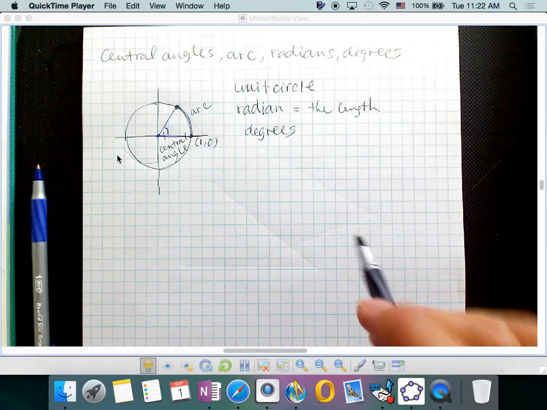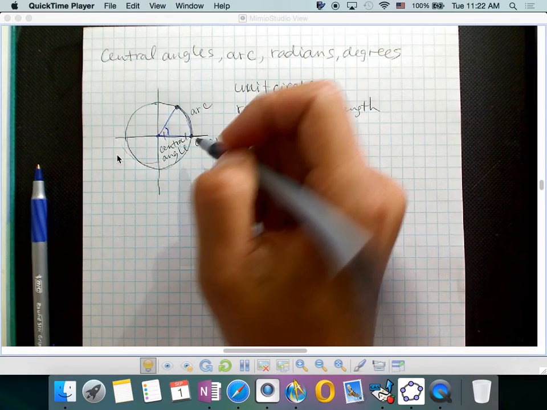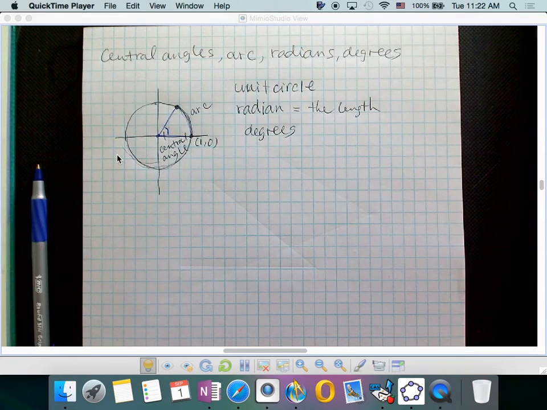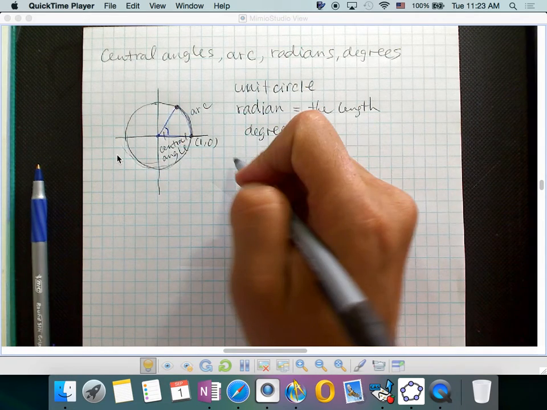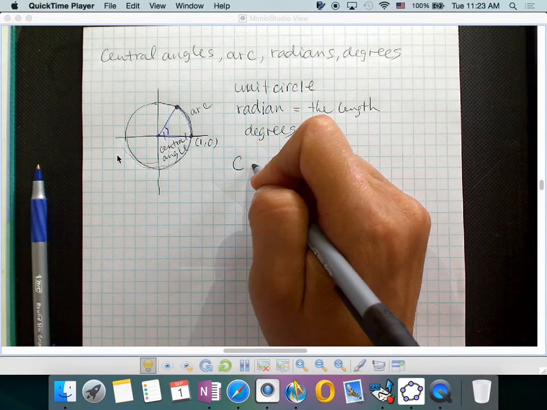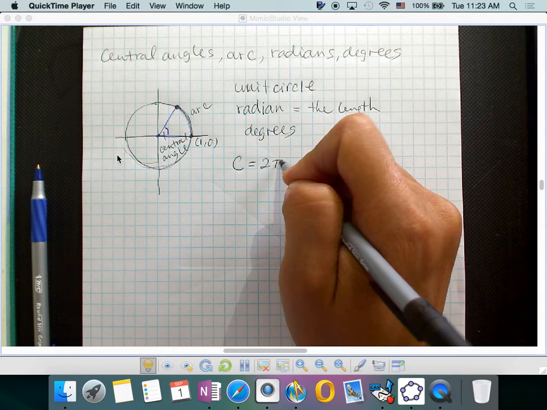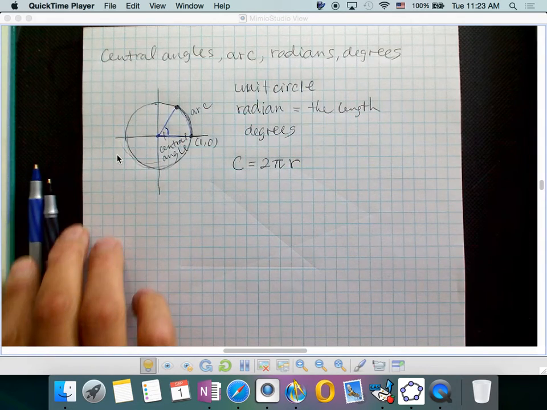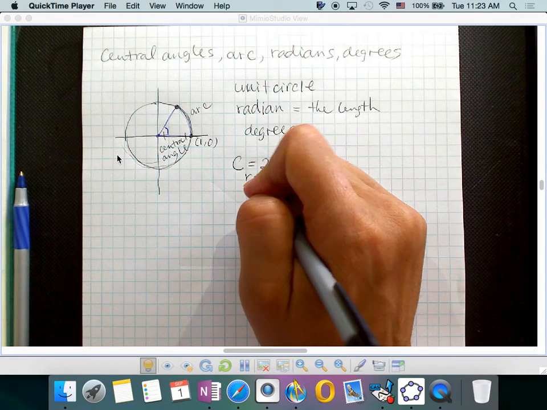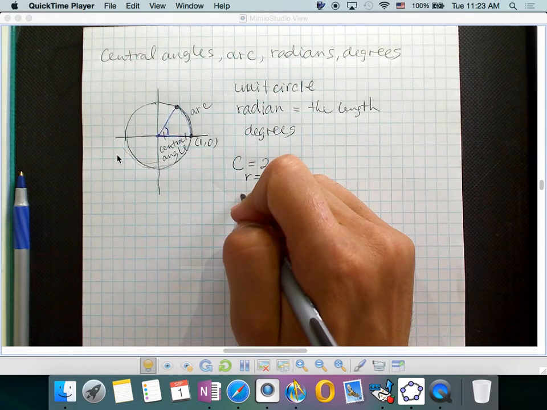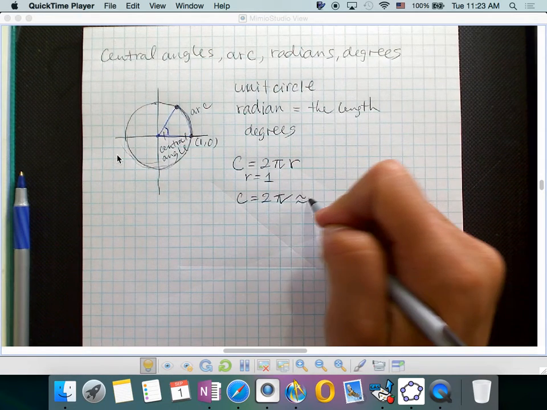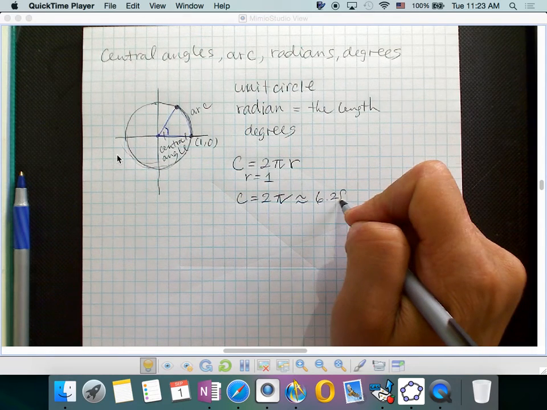And we know that if you travel around the circle one time and it goes back to the starting point, that's exactly the same as the concept of the circumference. So circumference equals 2 pi times radius. And since the radius of this unit circle is 1, circumference equals 2 pi times r, which is 2 pi, about 6.28.